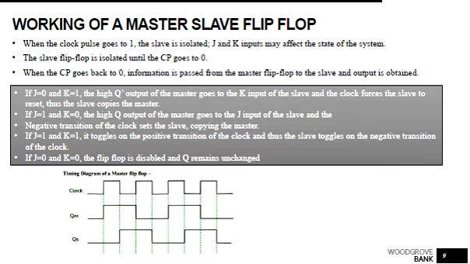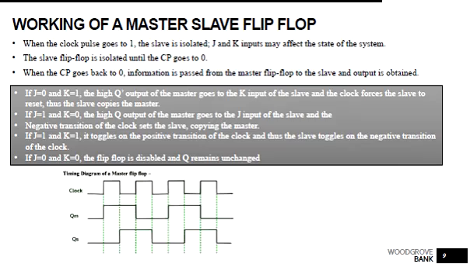This master-slave flip-flop avoids the unwanted toggling inside the JK flip-flop. As the clock input of the slave flip-flop is the inverse of the master clock input, the slave flip-flop does not toggle immediately when the master is toggling.